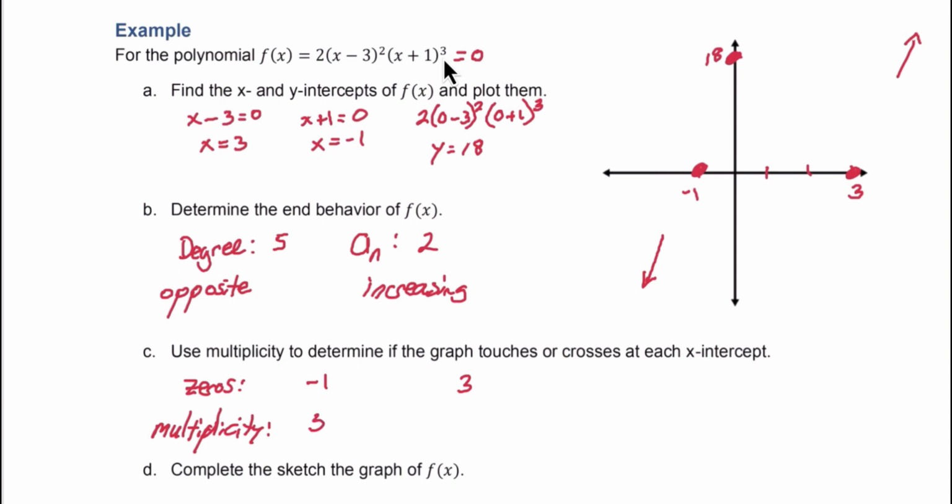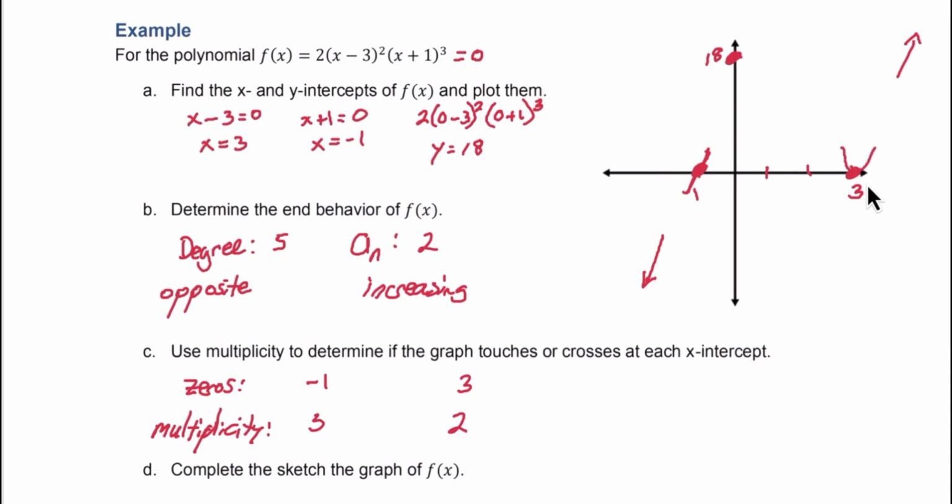That means that the graph is going to cross the x-axis at that 0. Odd multiplicities cross. And then our next 0, the 3, is generated by this factor, which has a power of 2 or multiplicity of 2. Even multiplicities will touch and turn around. So at this x-intercept, the graph is going to touch and turn around.